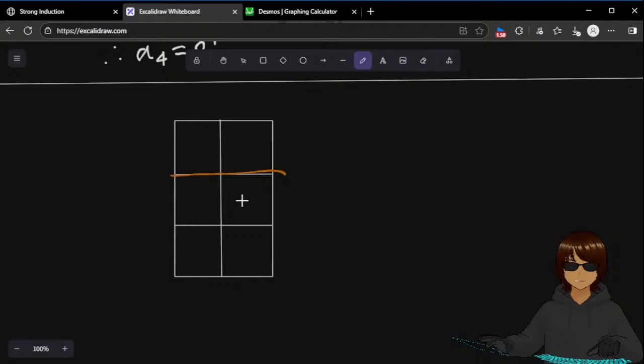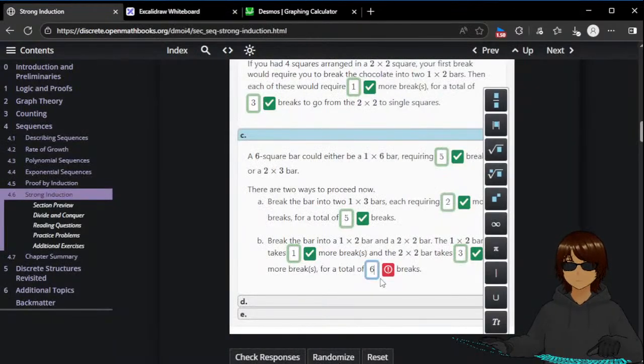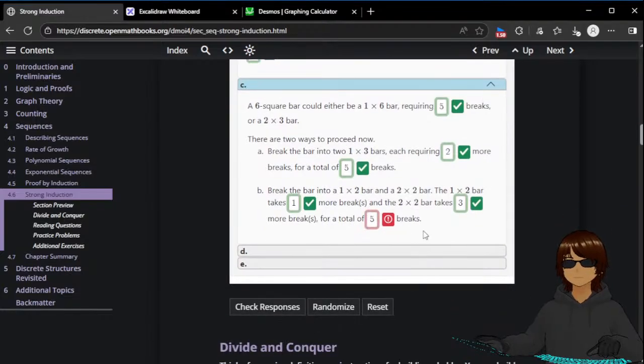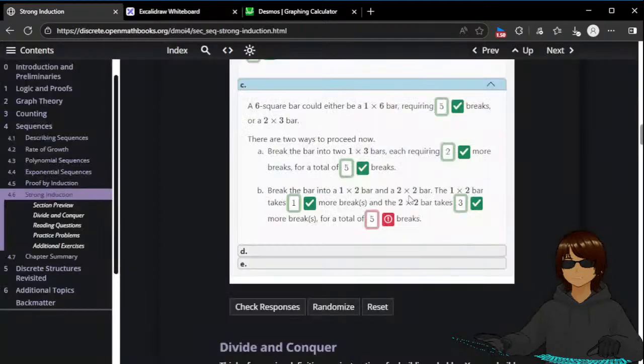So one break, two breaks, then one, two, three, five, right? They say 2 by 3. Break the bar into 1 by 2 and 2 by 2. Yes, yes, five.